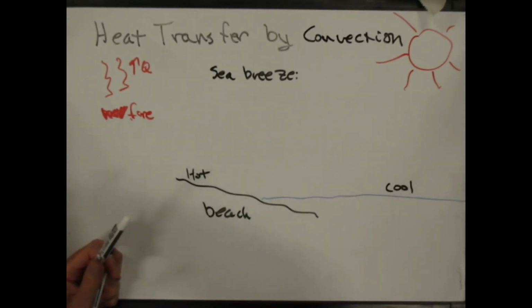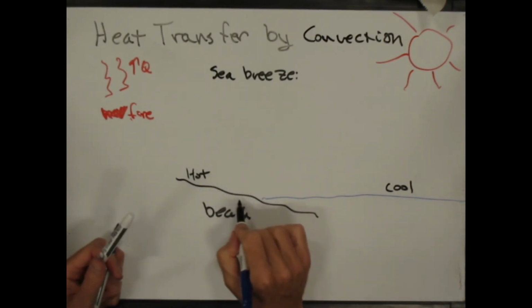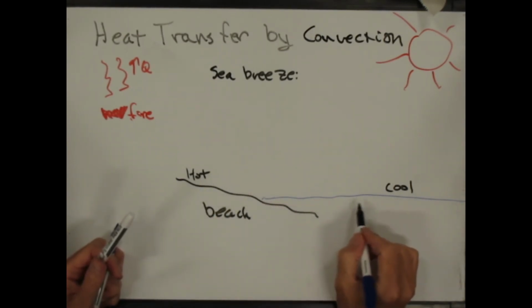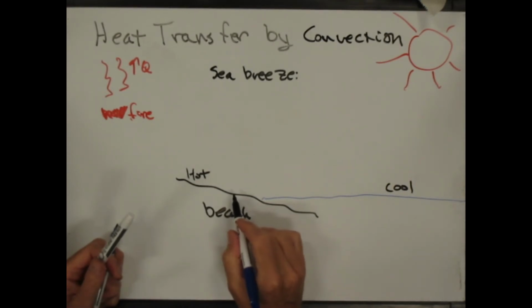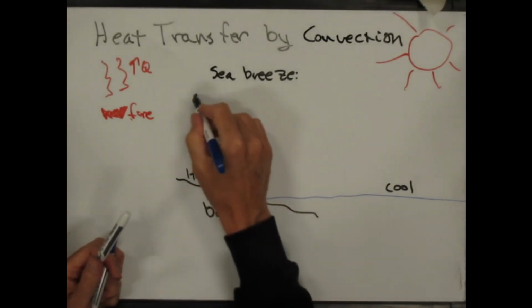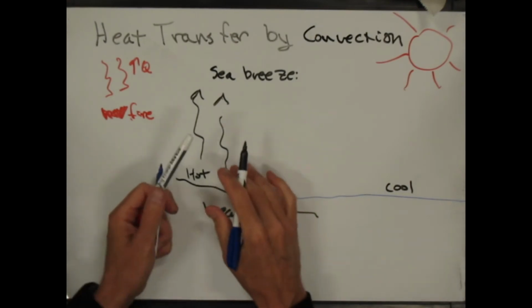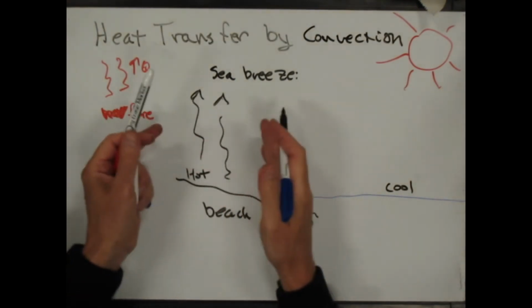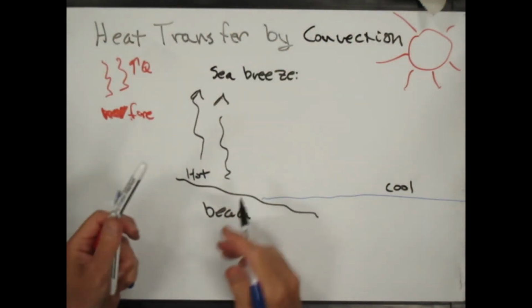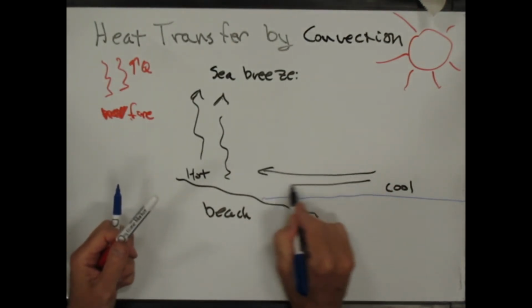And so the sand on a beach is much hotter when the sun is shining than the water is. And so you have cool air here and hot air here. And what happens as a result of that is this air rises upward. Right? Because it's warm, it gets heated, it expands, and it's lighter, and so it rises. And so it has to get replaced, and so the cool air comes in this way.